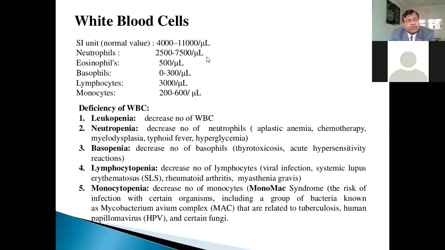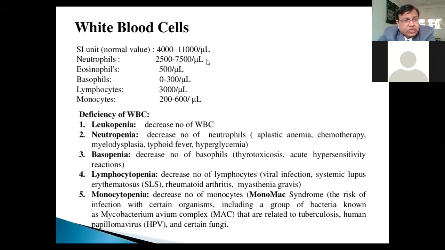But if you are suffering from the common cold or a disease related to allergy, then your eosinophil count will increase. If you have a long-standing constipation or digestion problem, then your monocytes will be increased in your blood.